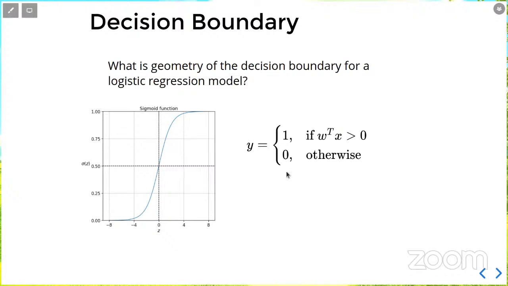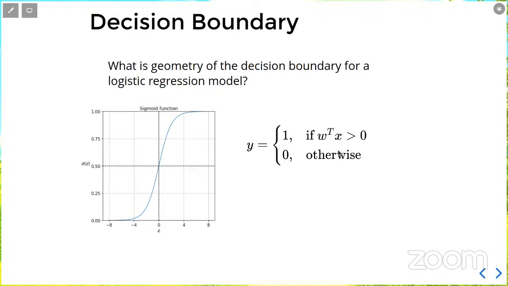So in conclusion, you will predict a data point to be class 1 if W transpose X is greater than 0. You will predict it to be class 0 if it is less than or equal to 0.